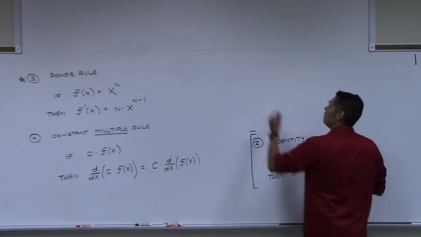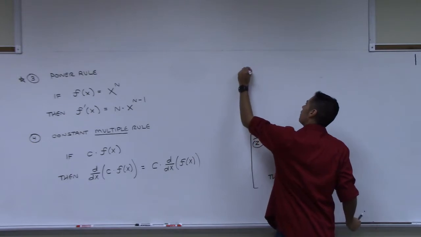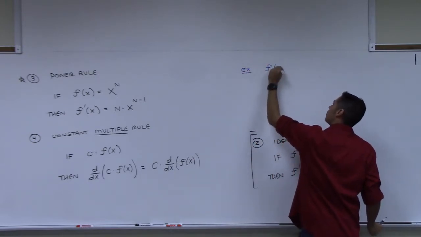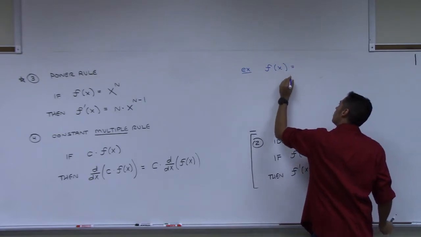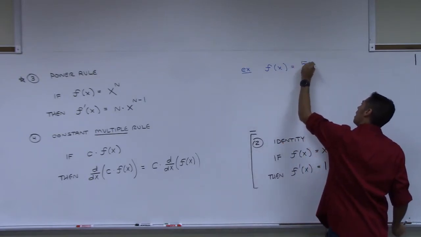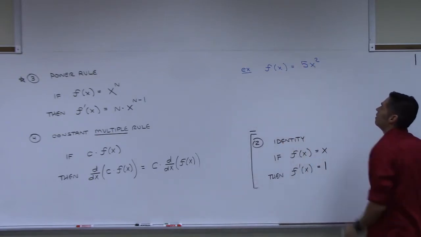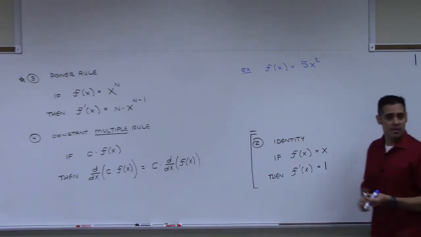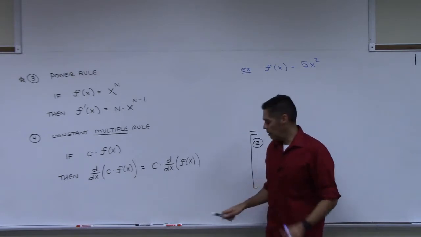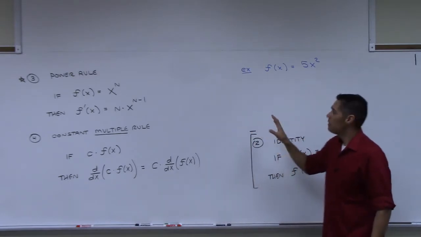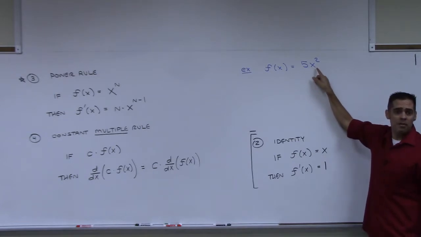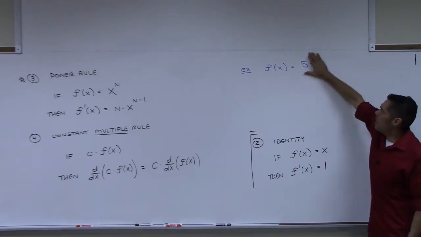As an example, let's take the function f of x equals 5x squared. Okay. Let's say I wanted to take the derivative of this. Do you see that you have a constant being multiplied by a function? Yes? It's not a constant by itself.